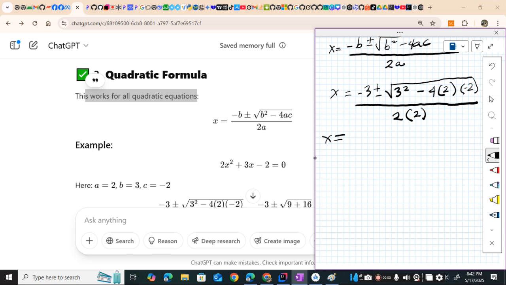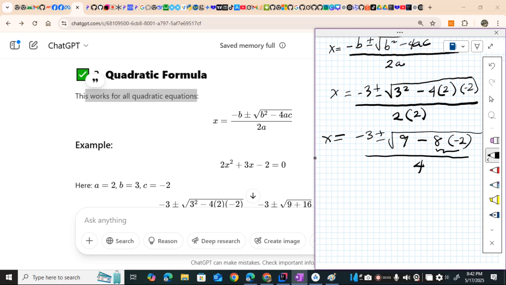x is equivalent to minus 3 plus or minus the square root of 3 squared, which is 9, minus 8 times negative 2, over 4. Now this one is negative 16.